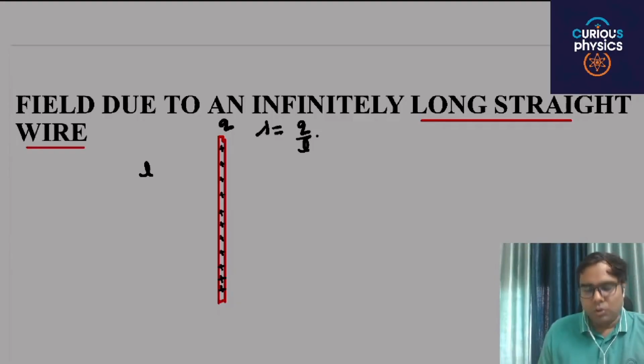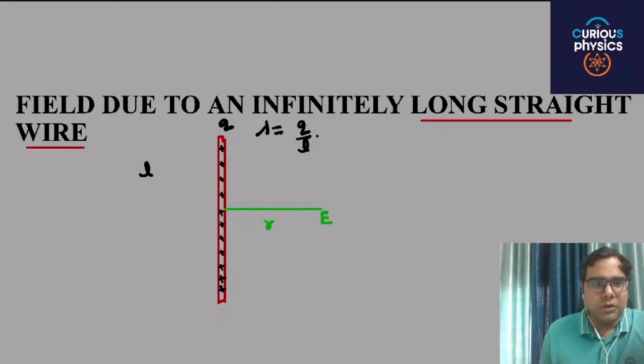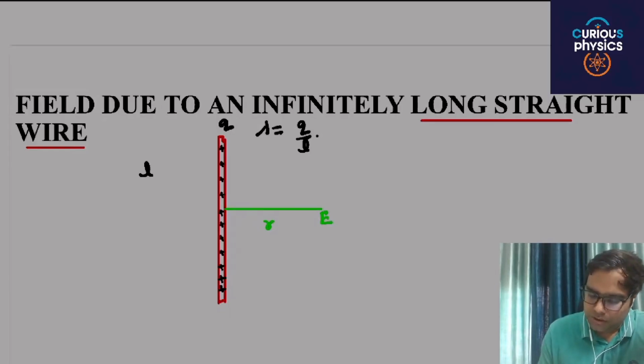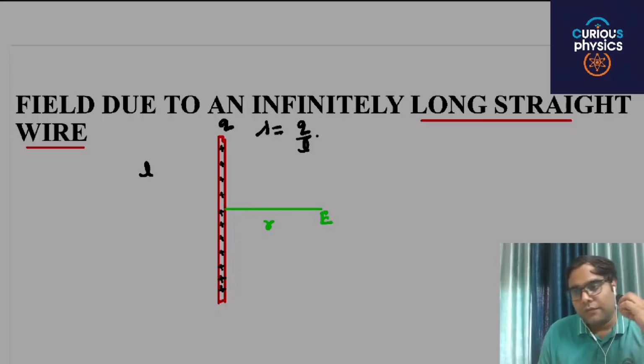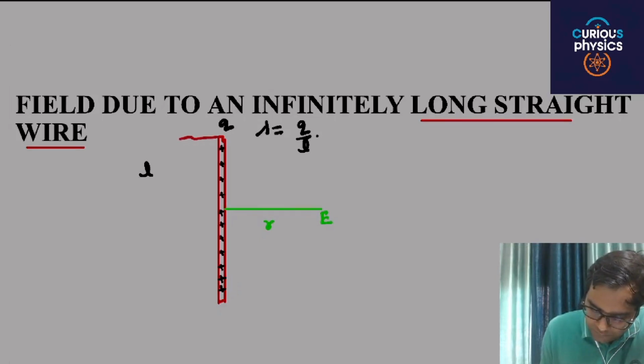Next, to find the value of electric field at a particular distance r, you have to choose a Gaussian surface. And for a straight long wire, the Gaussian surface will be in the form of a cylinder. So here we choose the Gaussian surface of radius r.